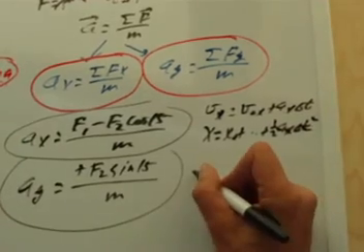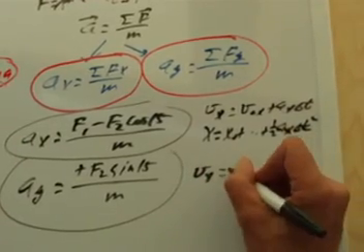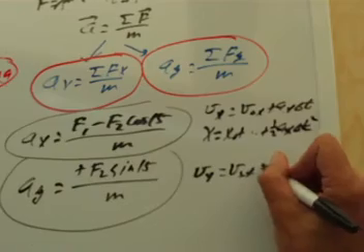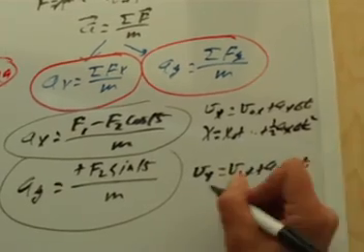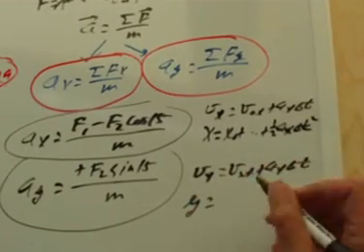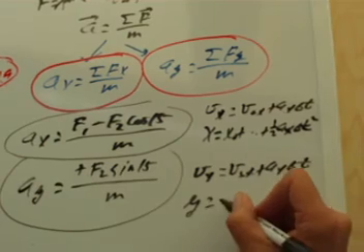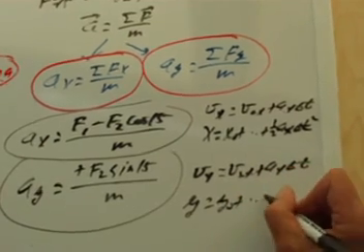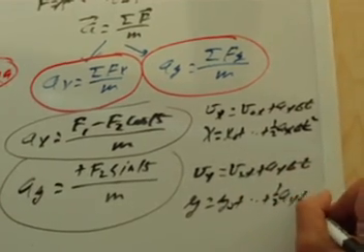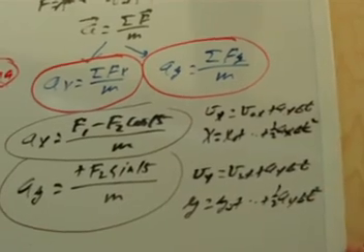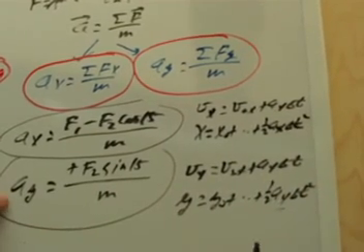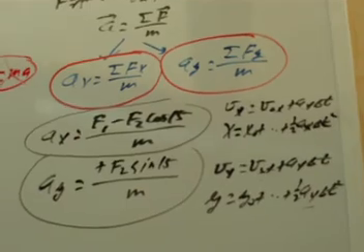We can make the same sort of predictions for y motion too. v y equals v naught y plus a sub y delta t. Or if we want to know where its position is going to be in the vertical sense, in the y coordinate, there's y naught plus v naught y delta t. Remember, there's a 1/2 a sub y delta t squared in there. So this y acceleration is the same as that y acceleration right there.